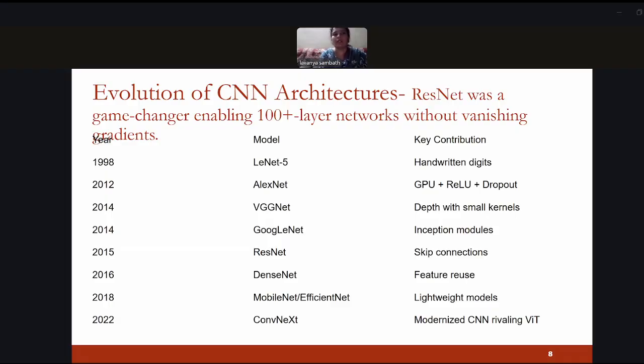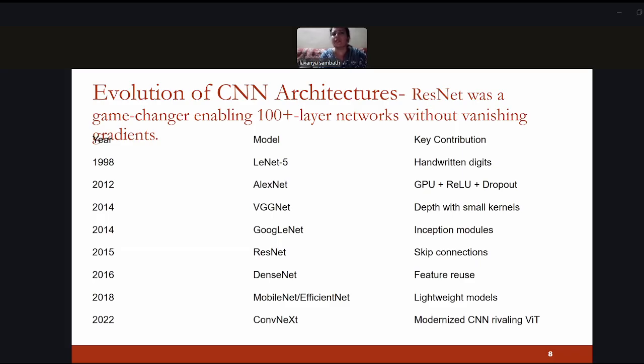You can see here, LeNet-5 was the first convolution neural network which was introduced, and it was used for the classification of handwritten digits. Okay, in 2012, AlexNet was introduced.